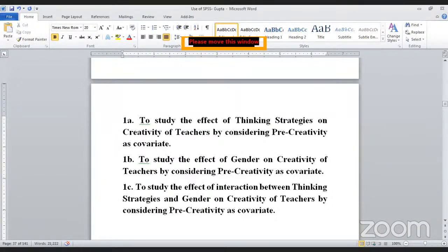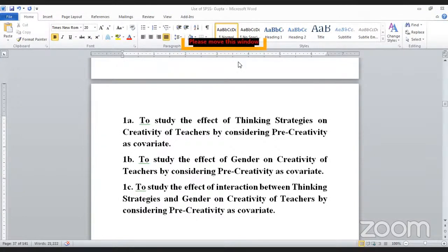So these are the three questions, or these are the three objectives, and you will have the three findings. So if you want to write one objective, you can write one objective. If you want to write three, you can write three.